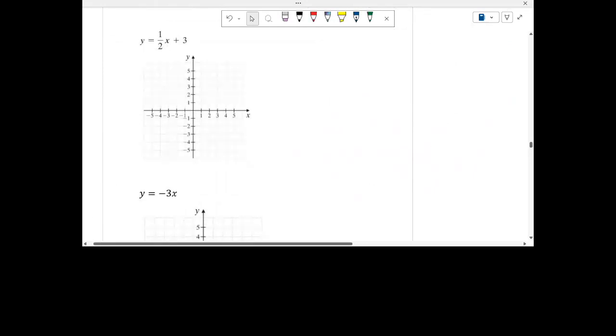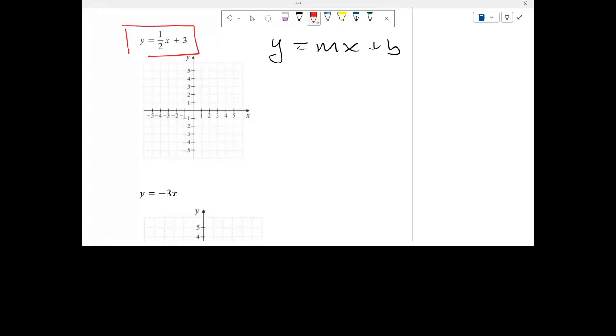Y'all, we're going to do the same thing here. We're going to see if we can draw this using the slope intercept method. Okay. So step number 1, y'all, I'm going to write out y equals mx plus b. And we're going to do a stare and compare. We're going to look at this guy here and that guy there. And we want to find 2 things. We want to find m, which is our slope.